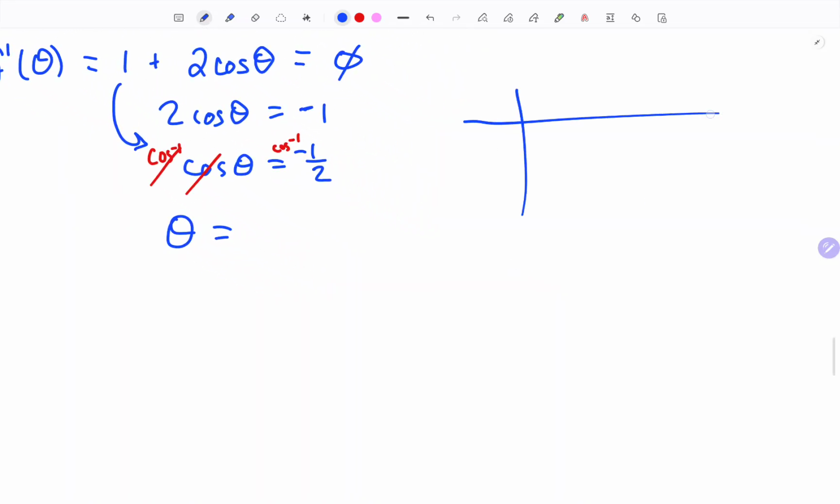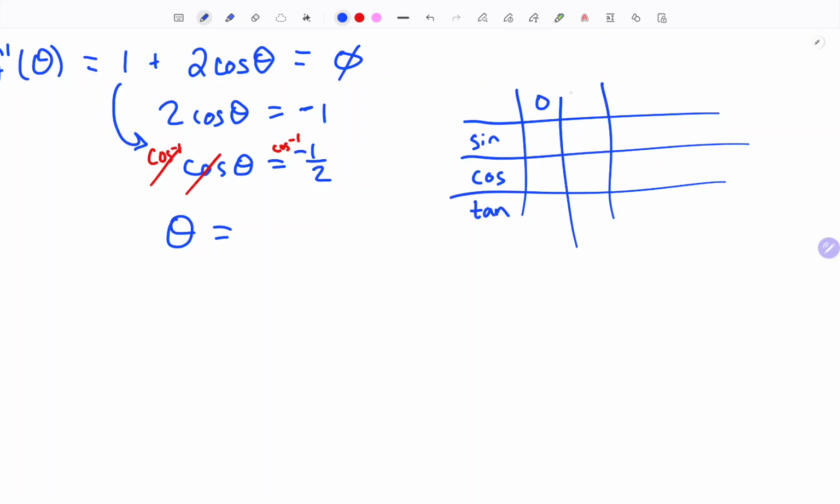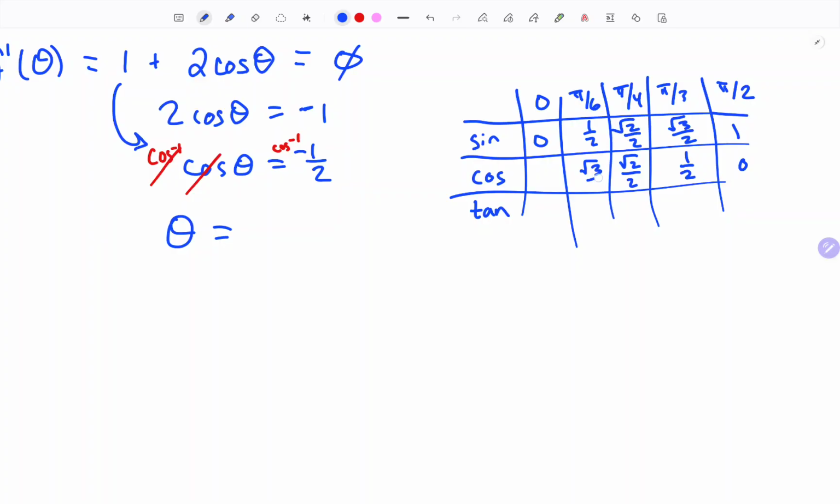If you have your table of sine, cosine, tangent, you're looking here, right? You have 0, pi over 6, pi over 4, pi over 3, pi over 2. If you forget, just draw this out. You can draw it all the way out: 0, 1/2, rad 2 over 2, rad 3 over 2, 1, then go backwards: 0, 1/2, rad 2 over 2, rad 3 over 2, and 1.